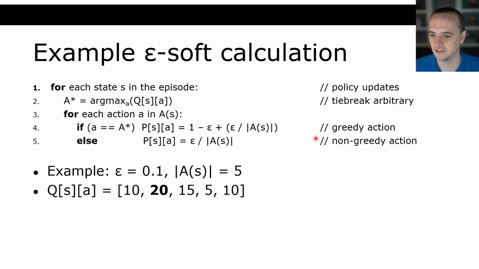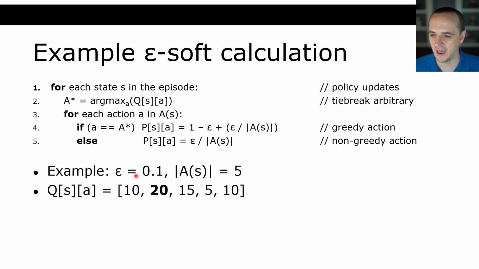So let's say that we have Q(S,A) values at a particular state equal to this. Action 0 has value 10, action 1 has value 20, 2 has 15, 3 has 5, and action 4 has value 10. Okay, so what we do is we say, let's calculate argmax A for Q(S,A).